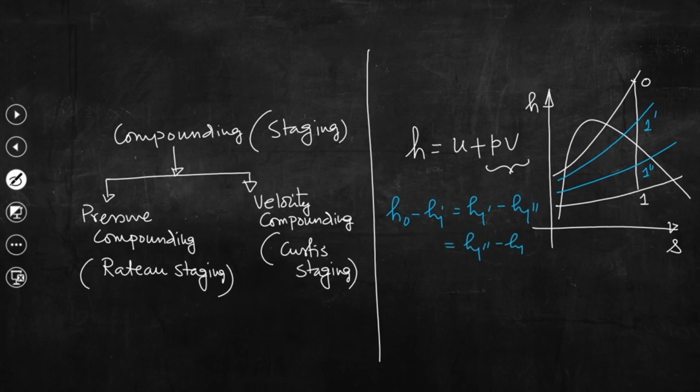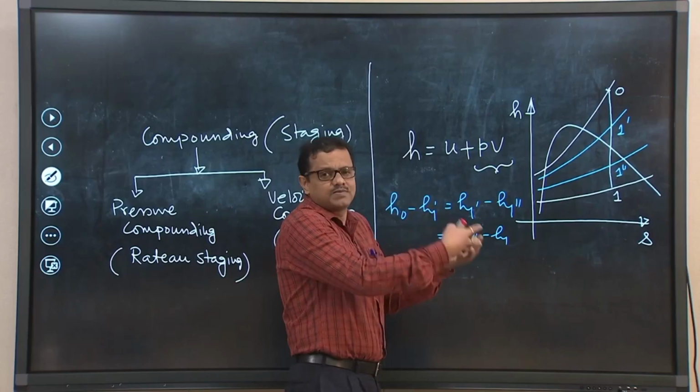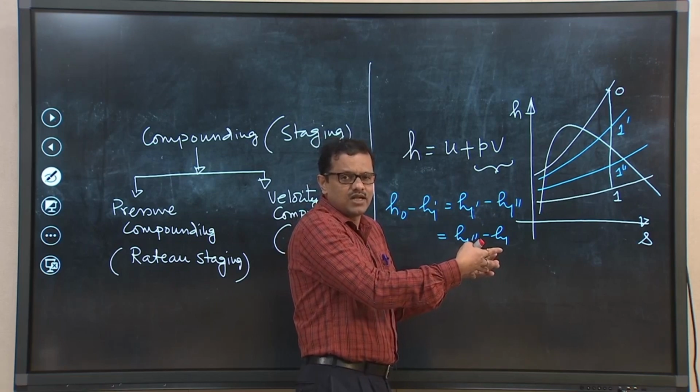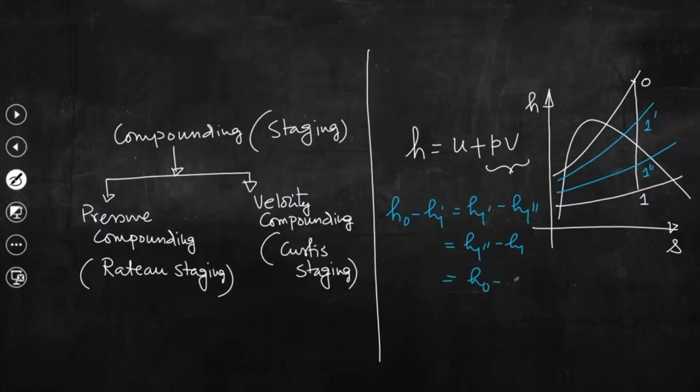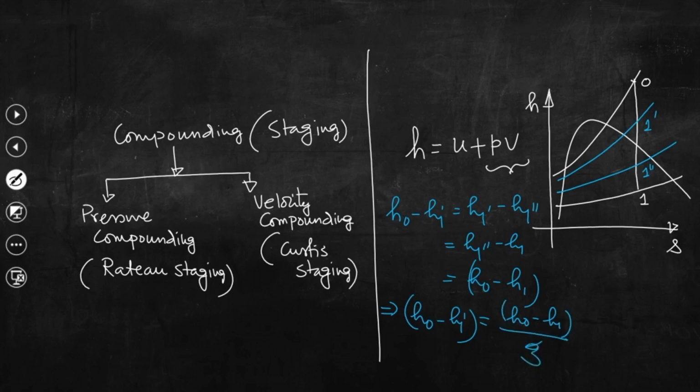So, that means if we have the enthalpy drop in a number of stages, the total enthalpy drop will remain the same, equal to h0 minus h1. So, we can understand that the enthalpy drop in a given stage, h0 minus h1 prime, equals h0 minus h1 divided by 3.